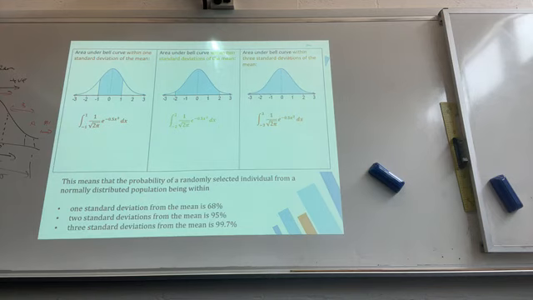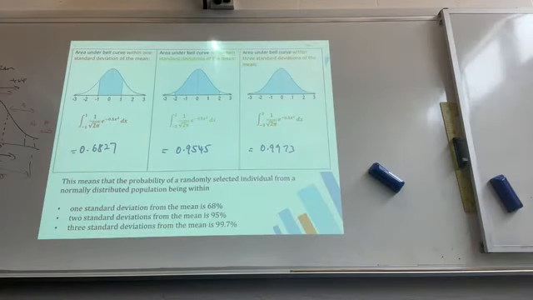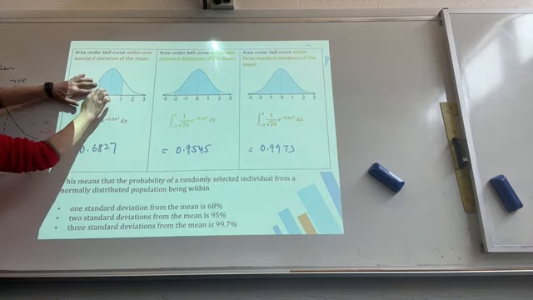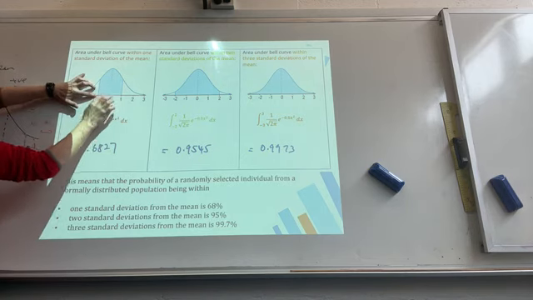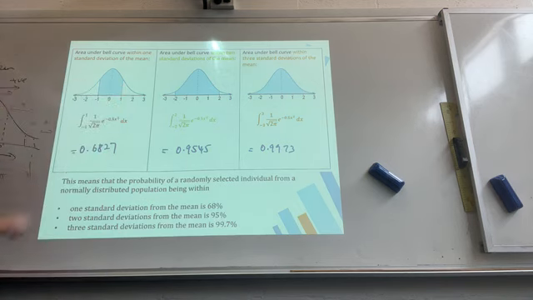So you've got these three numbers here: 0.6827, 0.9545, and 0.9973. I'll explain that. The probability of a randomly selected individual from a normally distributed population being within 1 standard deviation, between minus 1 and 1 standard deviation, is 68%, or 68.27.